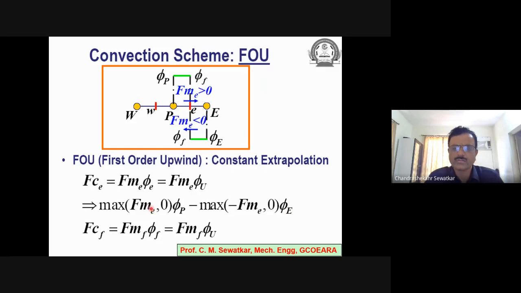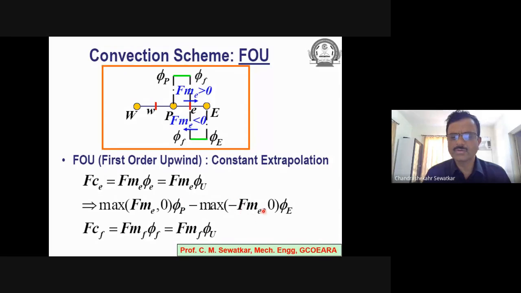Now look, when my flow is in positive x direction, which one will be maximum among these two? FME will be maximum among the two. And here 0 will be maximum. So because 0 is maximum, this term will be automatically omitted and phi P will be retained. When my flow is occurring in negative x direction, between FME and 0, 0 will be maximum, and this term will be omitted.